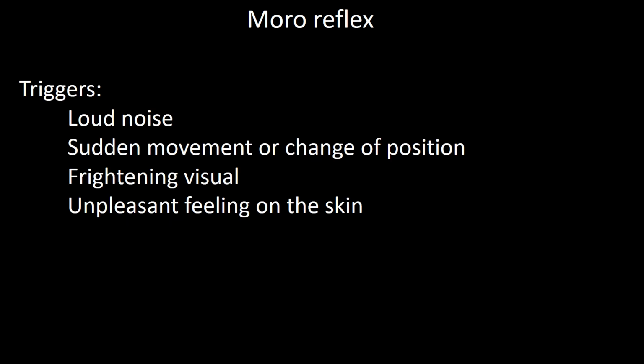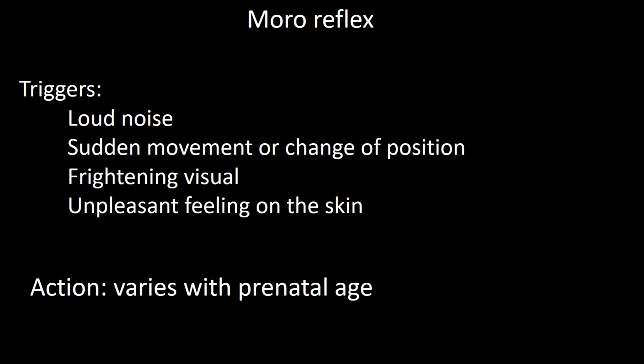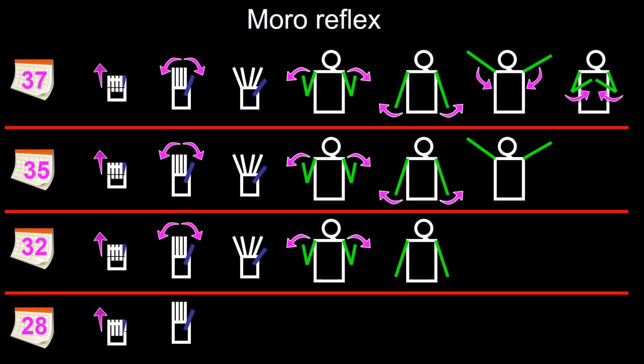The Moro reflex is the only primitive reflex that has multiple sensory triggers, including loud noises, a sudden movement or change in position, a frightening visual image, or unpleasant feeling on the skin. The actions triggered by any of these stimuli vary according to gestational age. In this frame, I have schematically represented the evolution of the Moro reflex from 28 to 37 weeks.